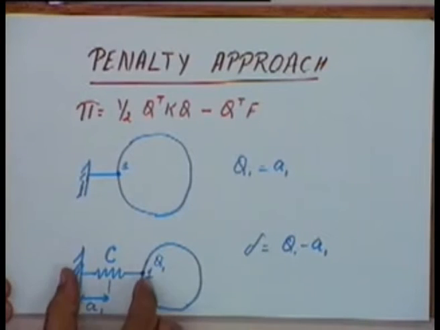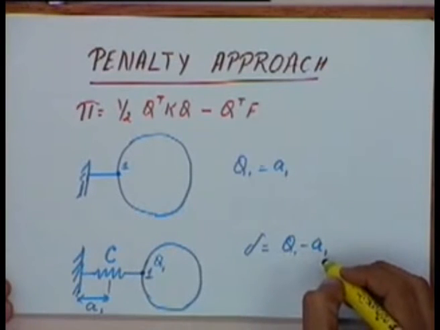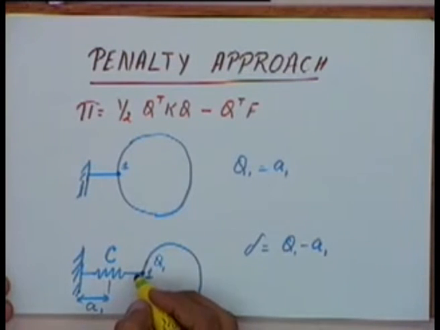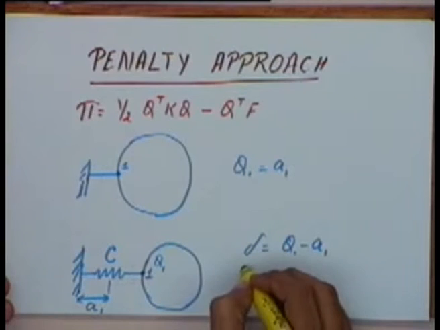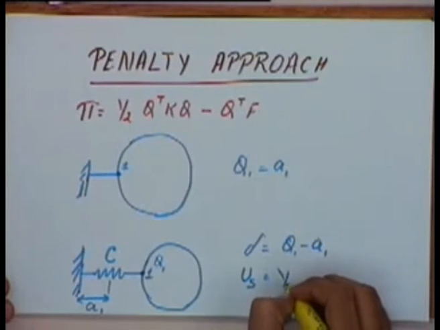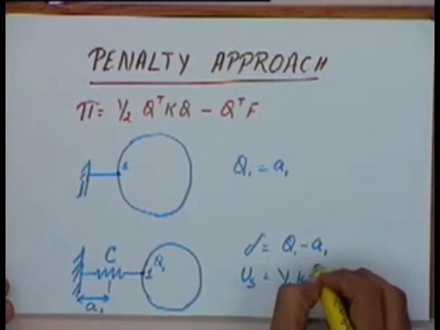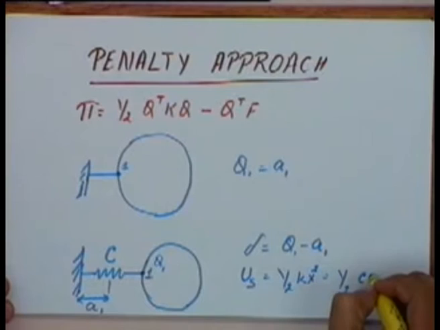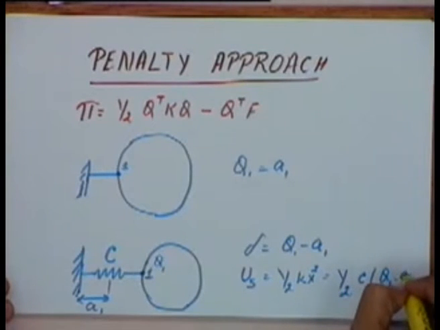So the actual deformation of the spring will be Q1 minus A1, and the potential energy stored in the spring, U of the spring, will be equal to half k x squared, which is equal to half C into Q1 minus A1 whole squared.